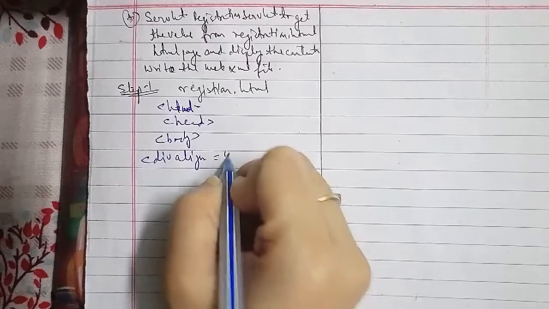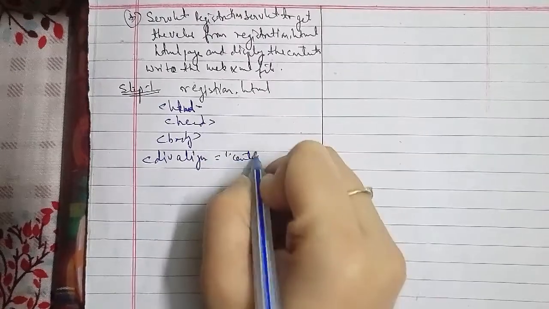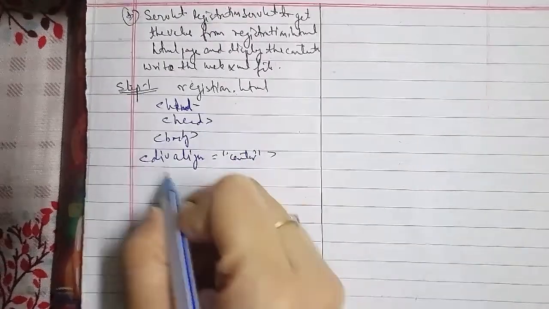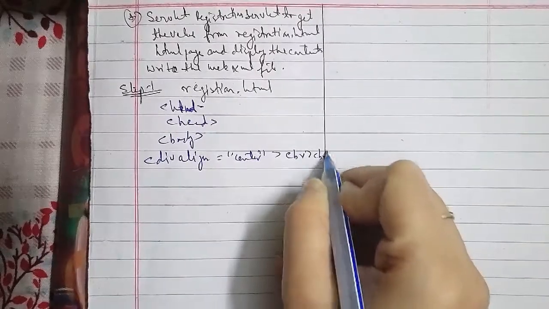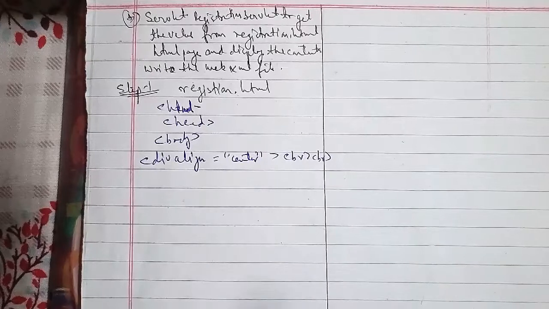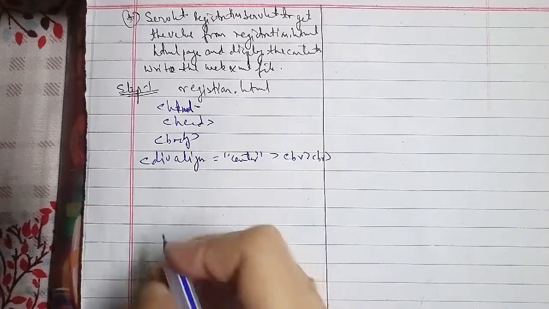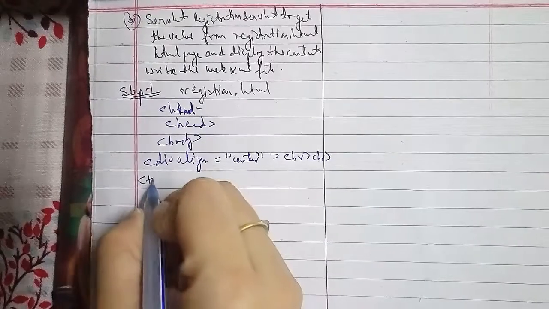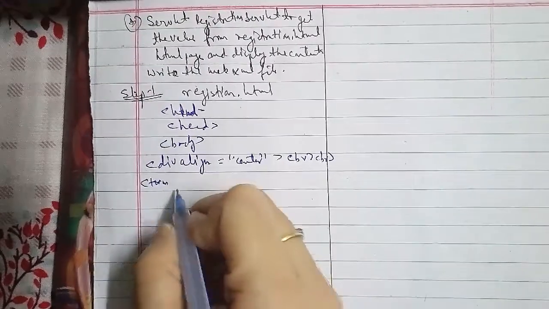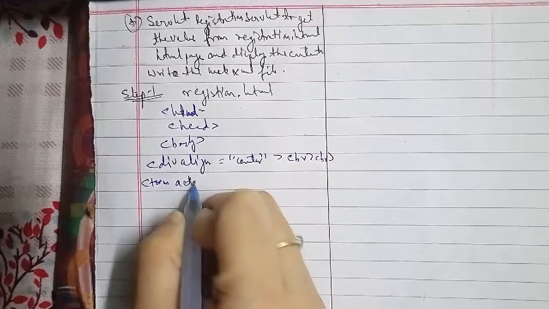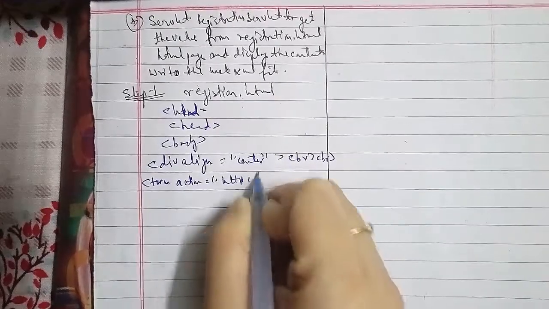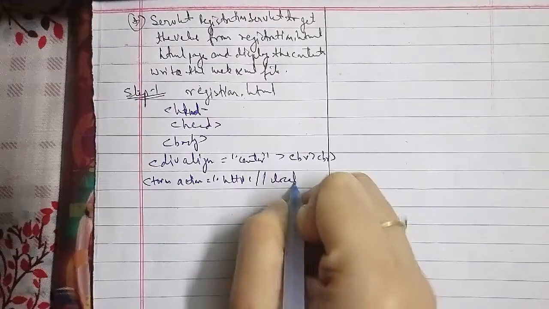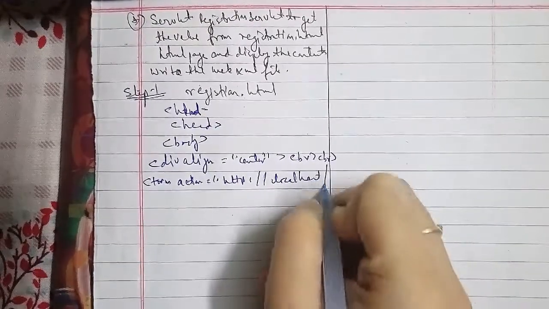Now for the input type equals to text, value equals to, name equals to sname, size equals to 5. That is BR tag, closing BR tag as well.